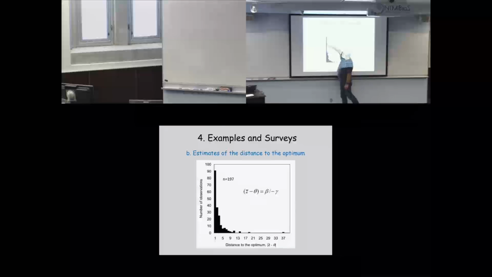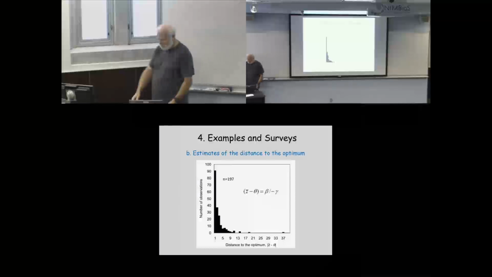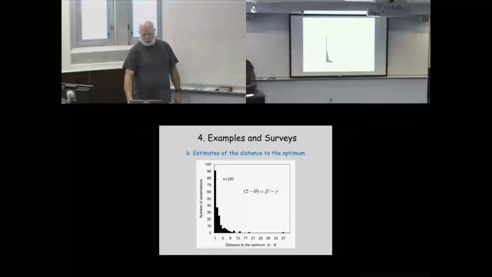Here I've taken the empirical studies which actually showed concave selection acting on the population, and asked how far the trait mean is from the optimum. You can see it's almost a negative exponential function away from the optimum. So most populations are very close to their optimum. We can conclude this from this survey of 197 cases of stabilizing selection.